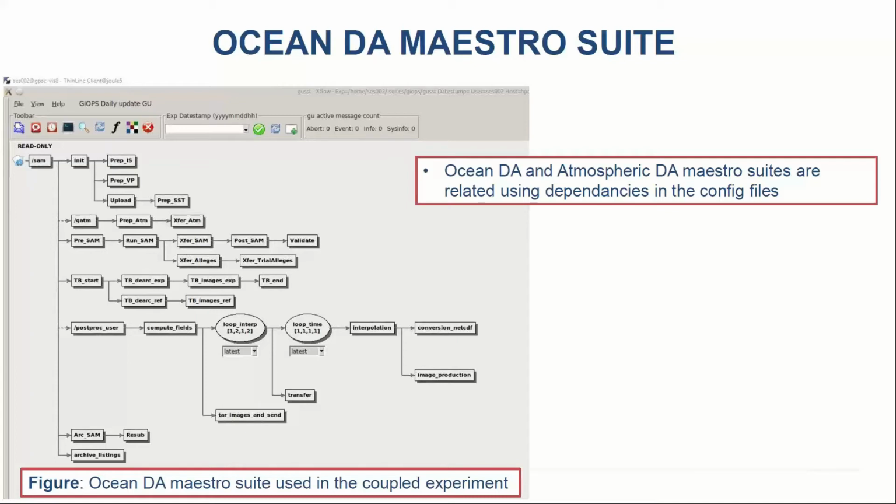Like this, every 24-hour cycle of the ocean data assimilation is waiting for the execution of 4 consecutive 6-hour atmospheric assimilation cycles prior to continuing to the next cycle, and vice versa. The next day's atmospheric data assimilation suite should wait until the ocean data assimilation computes the initial condition for that day.